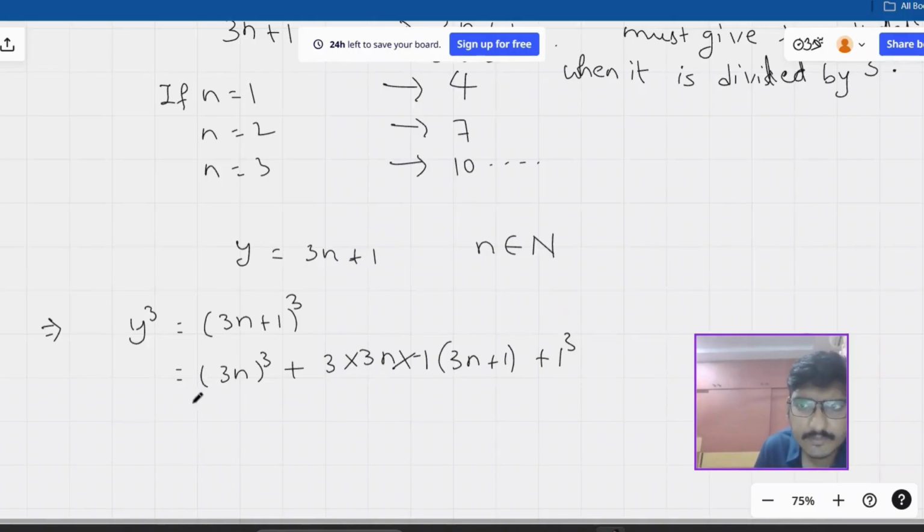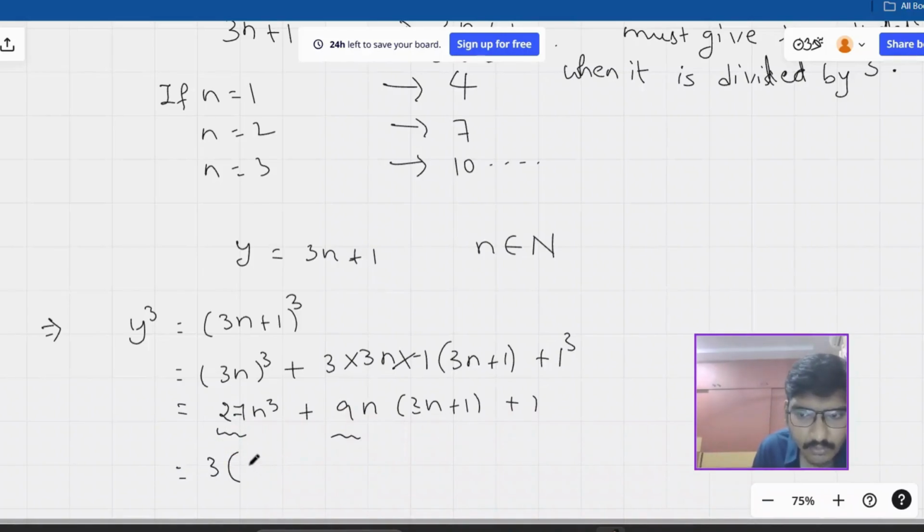After this you are getting 27n cube plus 9n into 3n plus 1 plus 1. Here if you observe carefully, it is 9, it is 27, so you can take 3 as common. So 3 into 9 becomes 27 and 3 into 3 becomes 9. So I am taking 3 as common, so 9 becomes 3. So 3n plus 1 plus 1.